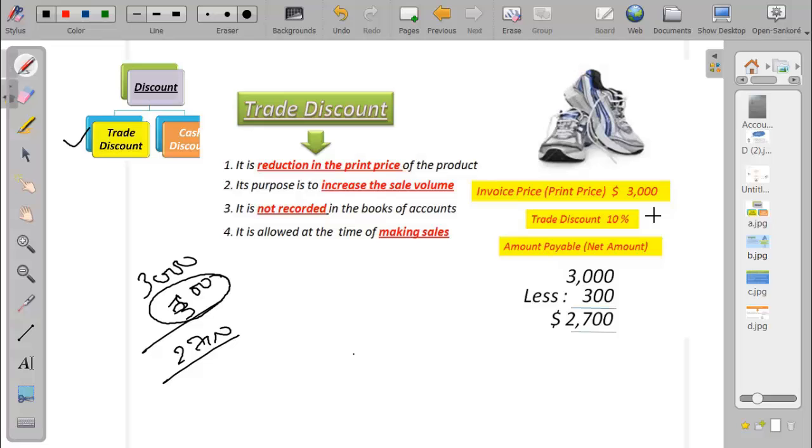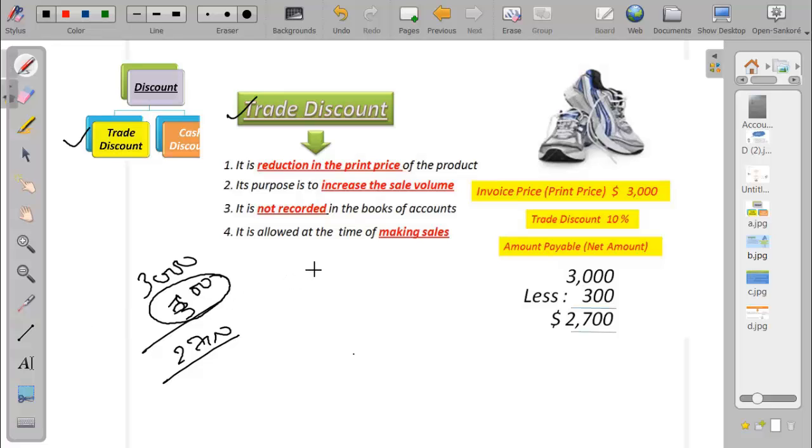You see, in a festival season, when you go to the market, they will offer you a big discount, just to motivate you. Just come and buy. Isn't it? So any discount which is allowed just to motivate the customer, that discount is called trade discount.